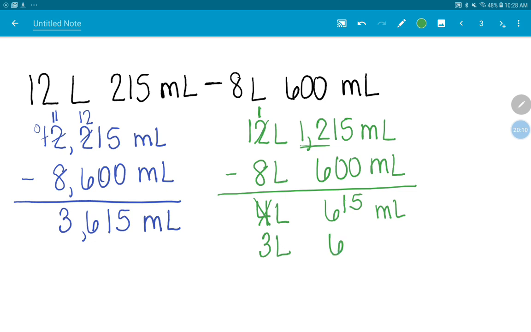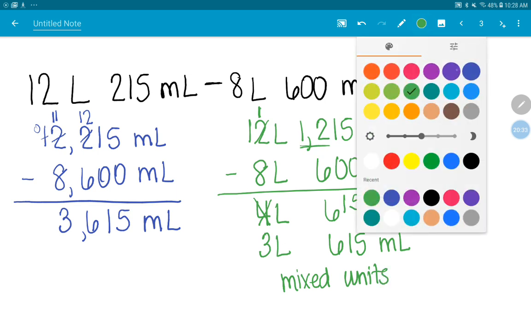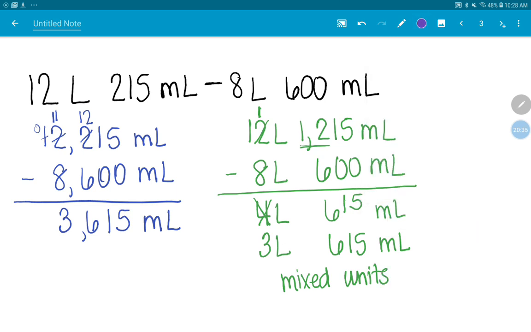So we've got 3 liters, 615 milliliters. How is that answer expressed? 3,615. Okay, what's this called when we have liters and milliliters? Mixed units. This answer is expressed in mixed units. And the answer written in blue is expressed in what? Smallest unit.